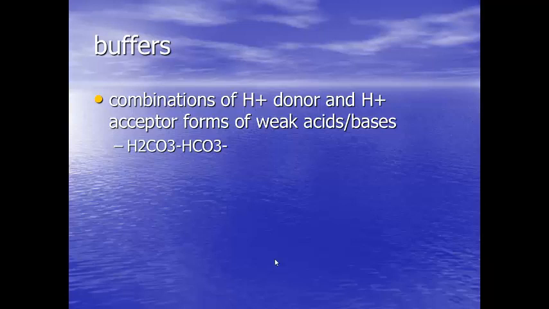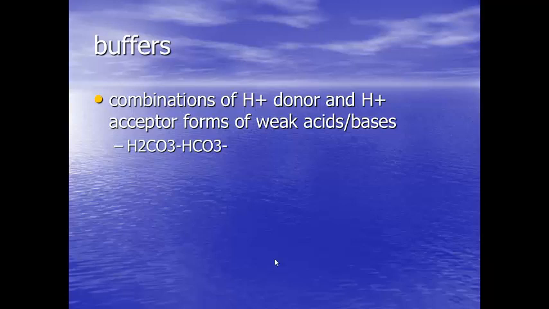Buffers are substances added to a solution, usually to a chemical reaction, that prevent change in pH. They're usually combinations of hydrogen donors and hydrogen acceptors. So if a solution is becoming more acidic, the buffer will accept hydrogen ions and return it back to the way it was.